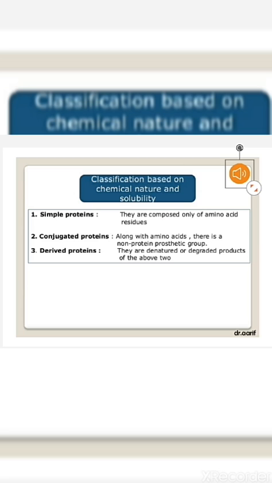The non-proteinous part of such kind of protein is known as prosthetic group. Some are derived proteins, meaning they are derived by the hydrolysis of the protein, like peptones, polypeptides and peptides. They are known as derived proteins because they are produced by the hydrolysis of the respective protein.